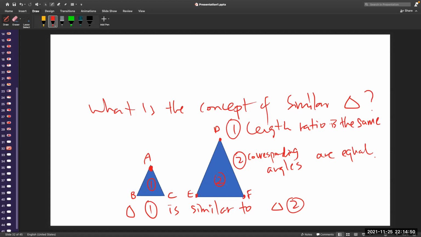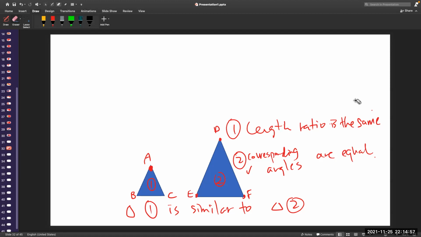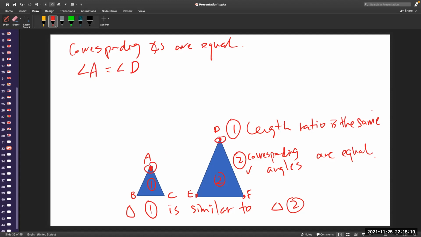I'm going to elaborate on the second concept first. Corresponding angles are equal. If you look at these two triangles, angle A is equal to angle D, because these two are corresponding.